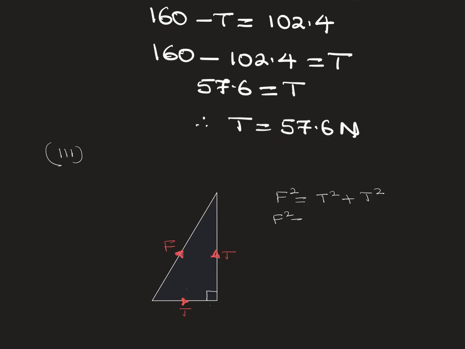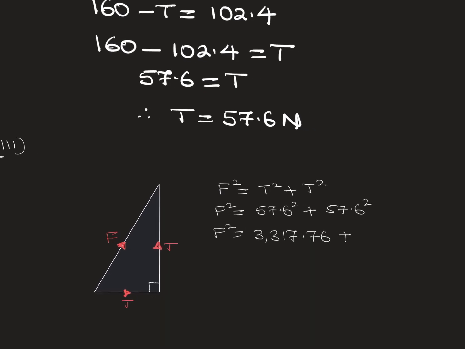F squared is equal to 57.6 squared plus 57.6 squared. 57.6 squared gives 3317.76. That will be added to another 3317.76.